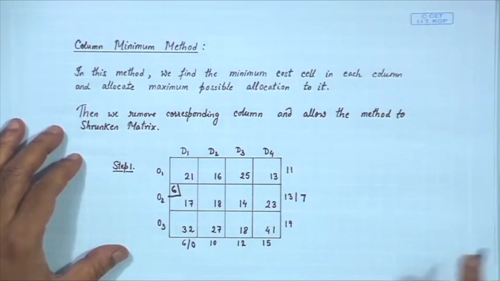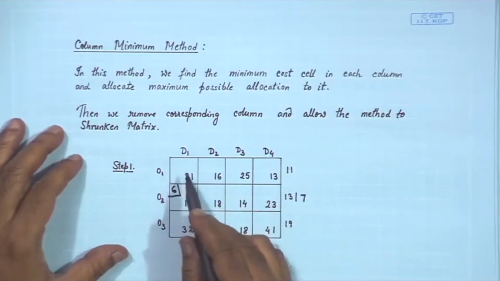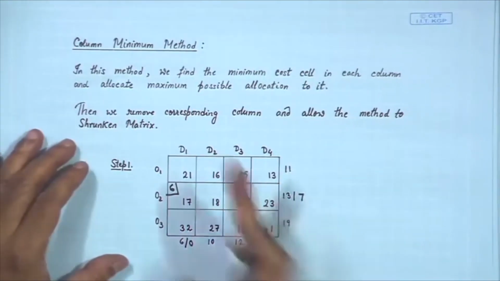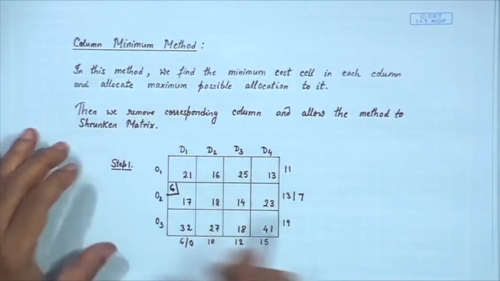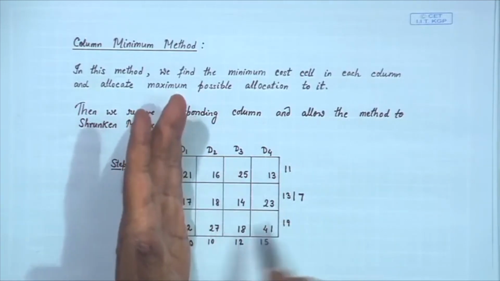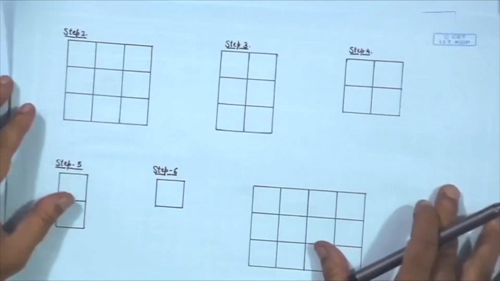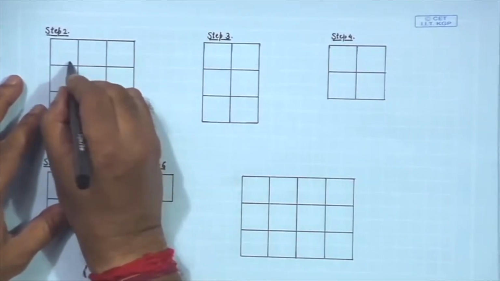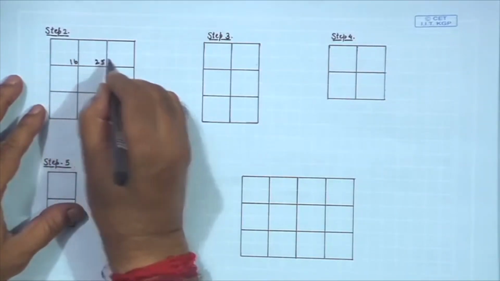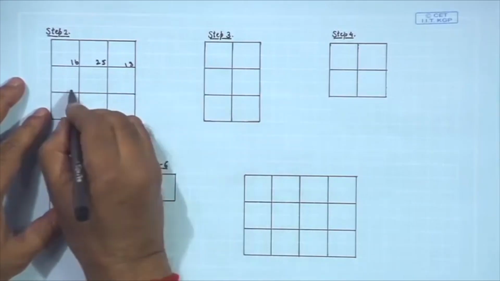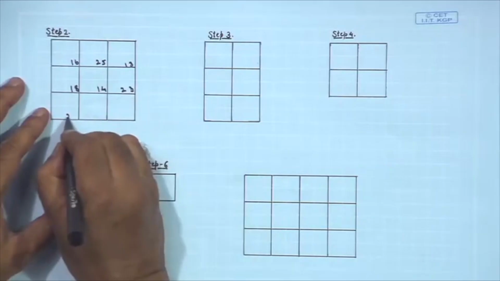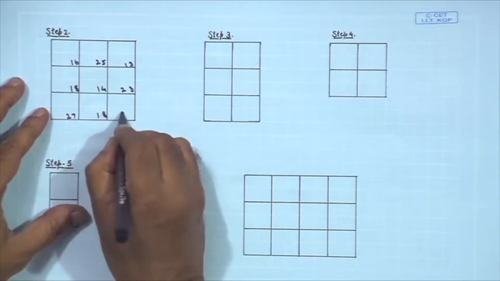So, now what will happen? The first column you will remove and you will shrink it. Means now this column will not be there, you will write down only these 3 and the new allocated values. So, in the next table what you will obtain is 16, 25, 13, 18, 14 and 23, 27, 18 and 41.